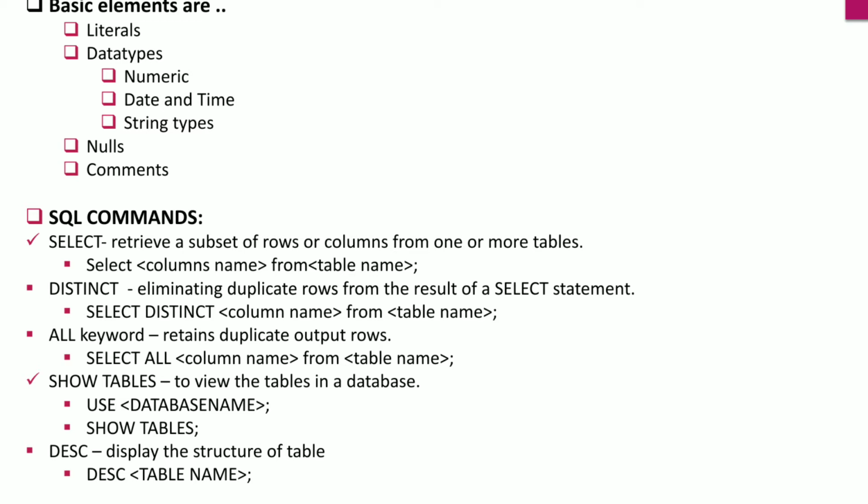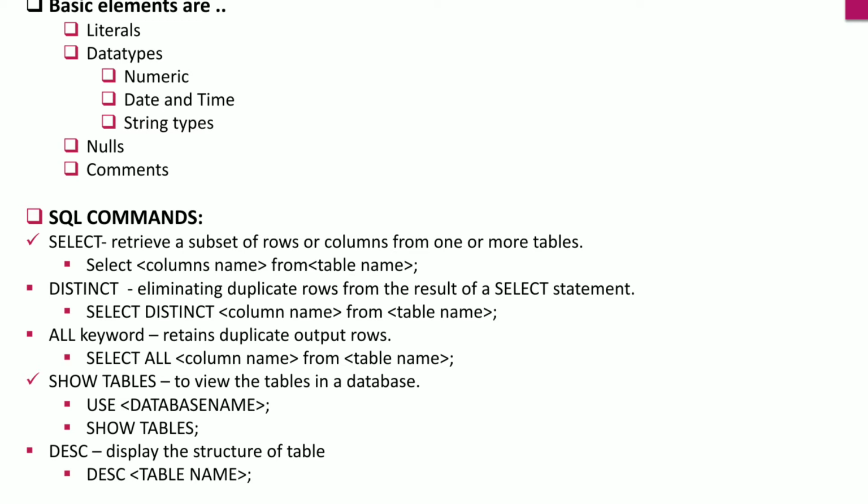DISTINCT. DISTINCT eliminates redundant data, that means the duplicate data, from the rows of the resulting output. Because by using the SELECT command, we retrieve the data to display it on the output screen.